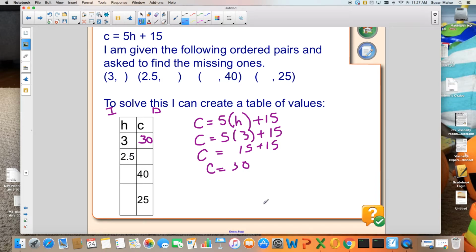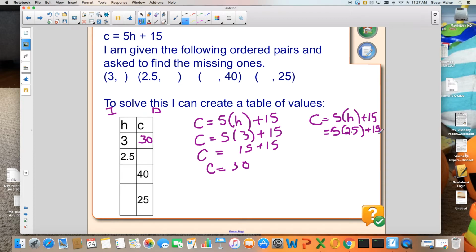All right, now for the second one, we write our formula again. Cost is equal to 5 times the number of hours plus 15. And in this case, the number of hours is 2.5. Okay, so we are not always going to work with whole numbers. We are not always going to work with positive numbers.